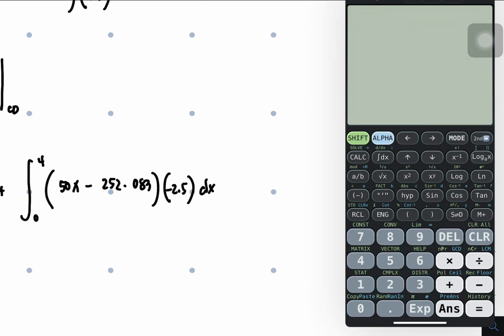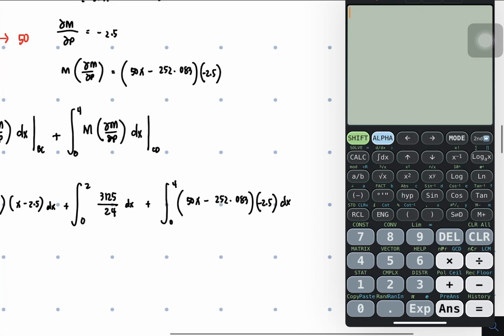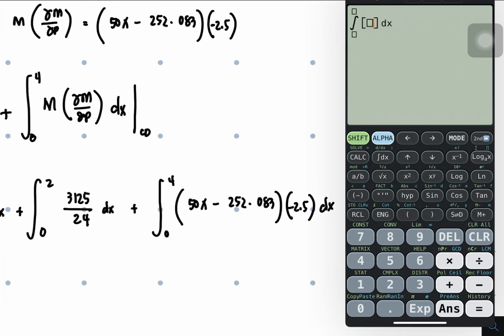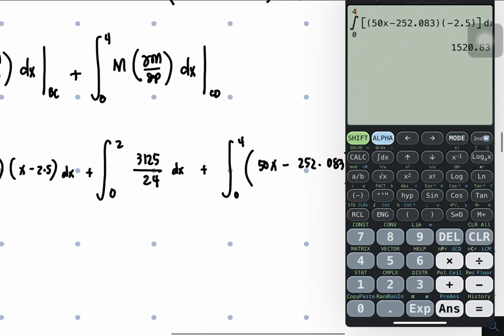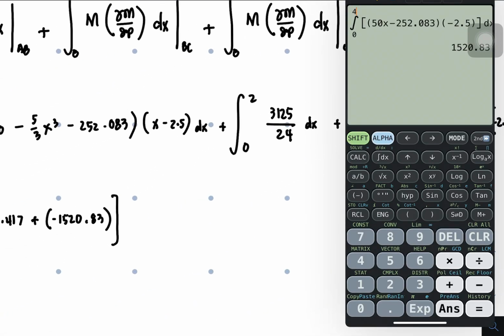So here, that's negative. So let me repeat. That's 50x minus 252.083 times negative 2.5 from 0 to 4. 1520. So minus the negative.